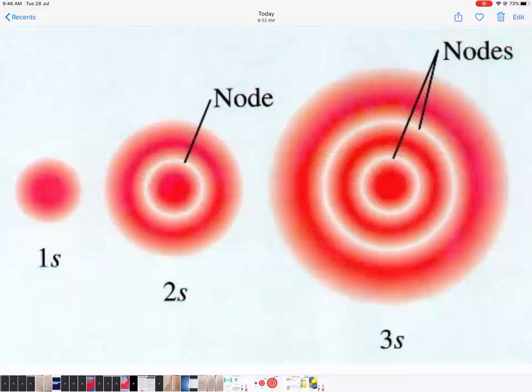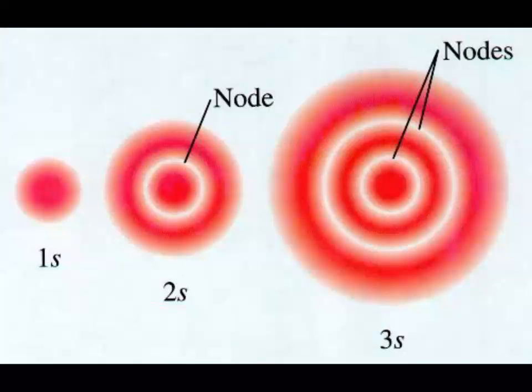In 2s, there is a particular region where the probability of finding the electron is 0. Such a region is known as a node. So in 2s there is one node. In 3s, there are two nodes. In 4s, there are 3 nodes, and so on. In 1s, there is no node. What is a node?